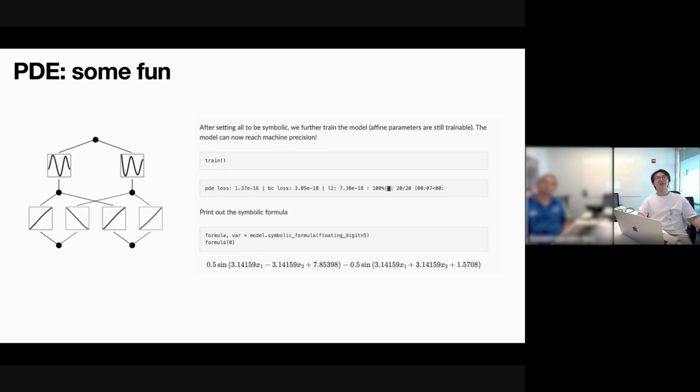After that, we can further train the formula with some tunable parameters, and in the end we can achieve machine precision loss, which is impossible otherwise if you just train a black box neural network. So here you not only get extreme precision, you can also get some interpretability out of it.